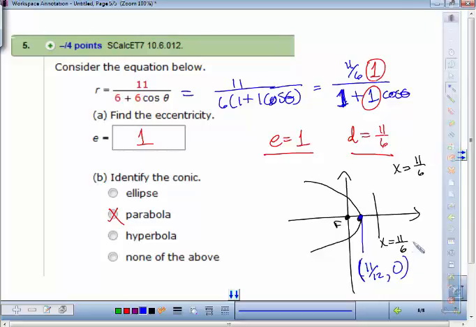So we have a vertex at a specific point now. Oh, yeah. This is 0, and this is 11.6.